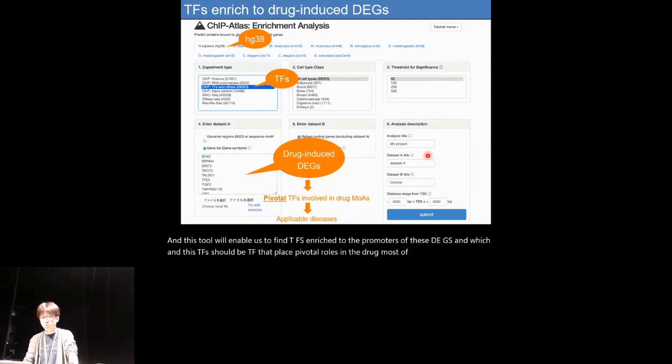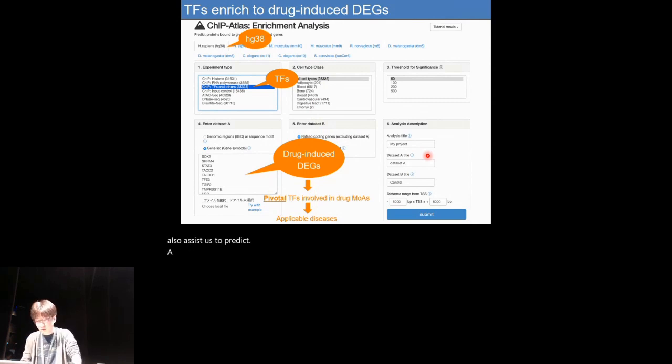And this tool will also assist us to predict potential applicable diseases of the drug.